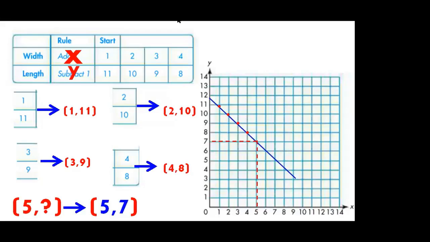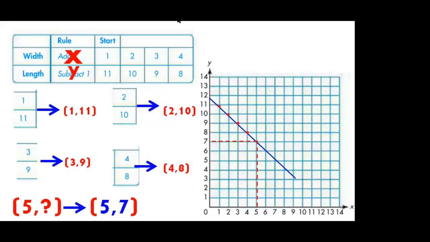The first one, 1 over 11, means 1 in X, 11 in Y. So I formed my ordered pair 1 and 11. Do the same for the 3 following columns.